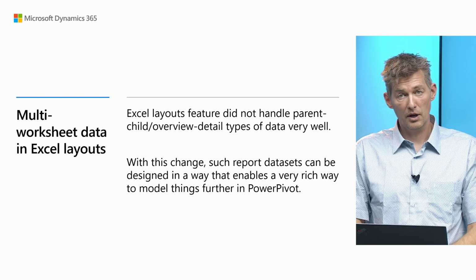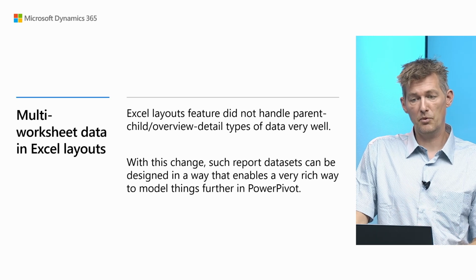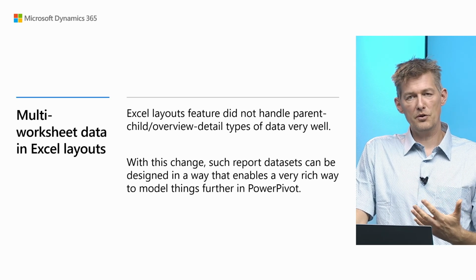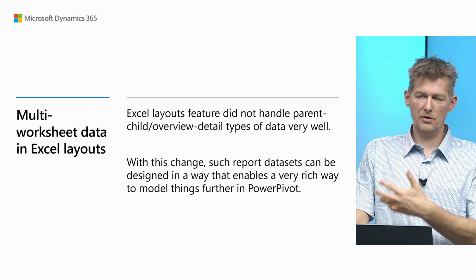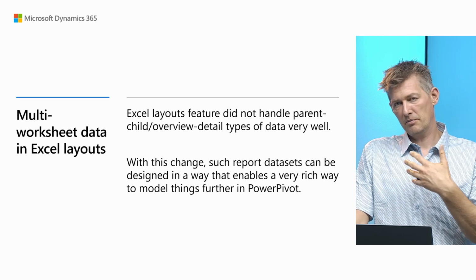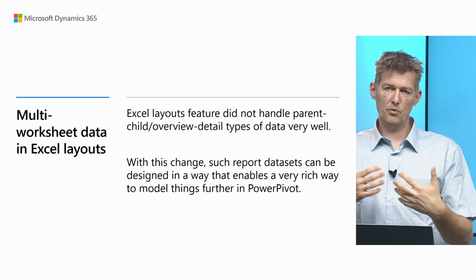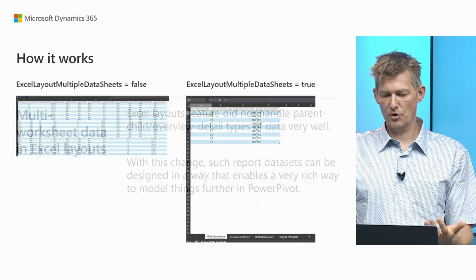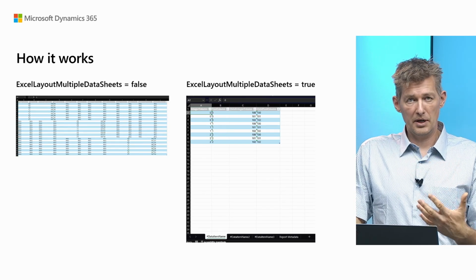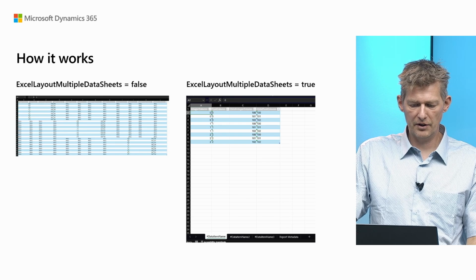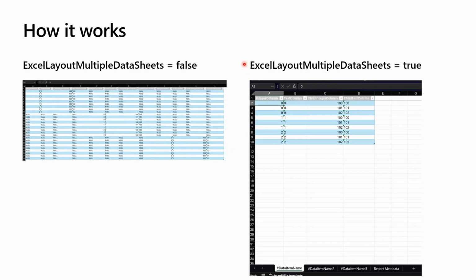Well, not anymore. With this wave, we are adding a way for you to simply have multiple worksheets in your report, in your Excel, and that leans so much more into the way you model things in Excel. Let me show you what this means. On the report object, as a developer, you now have a new property called Excel layout multiple data sheets.